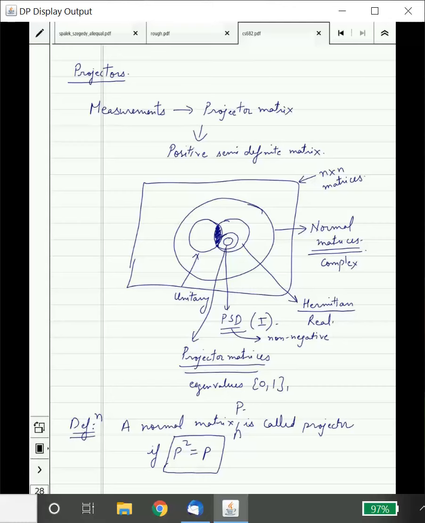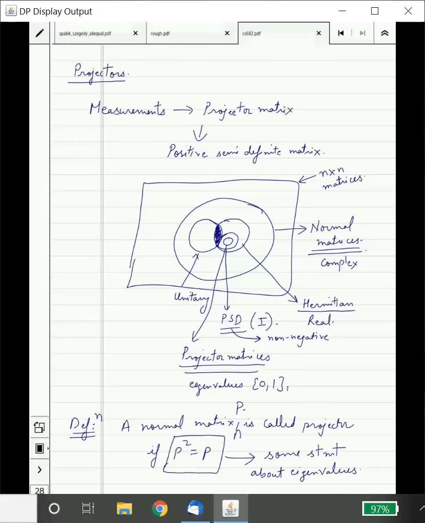Same thing we are going to do for the projector. We define it like this: P square equals P, but then the spectral theorem will allow us to transfer this condition to some statement about eigenvalues. I want to convert this into a statement about eigenvalues. Let's do it.